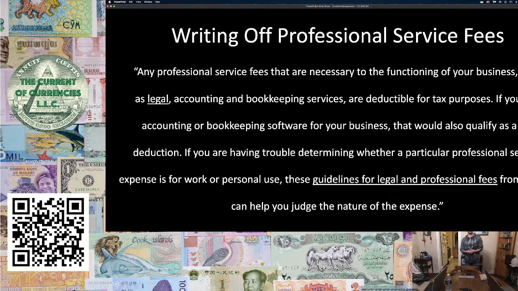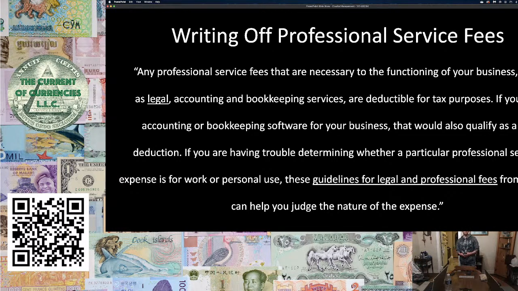Writing off professional service fees, and this is another thing that I use for my consulting company. Any professional service fees that are necessary to the functioning of your business, such as legal, accounting, or bookkeeping services, are deductible for tax purposes. I do this with my CFA. If you use accounting or bookkeeping software for your business, like Intuit QuickBooks, that would also qualify as a tax deduction.